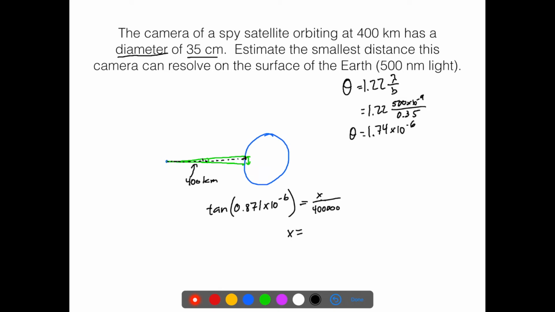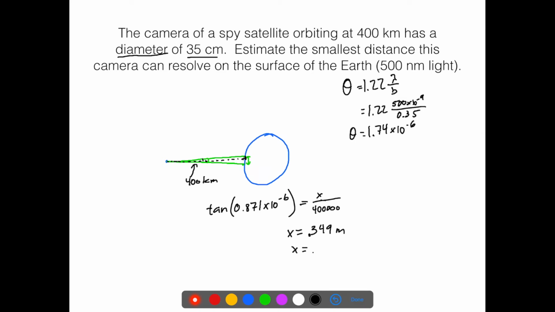And I get the answer that x is 0.349 meters. Okay, now when I put all that together, because 0.349 is just that right side, I'm going to go ahead and double that.